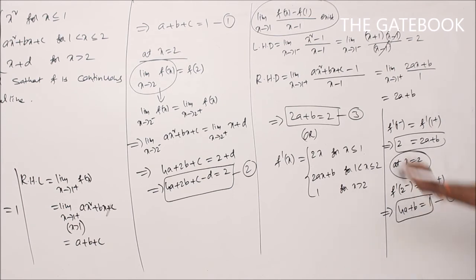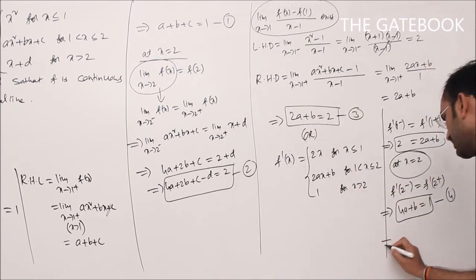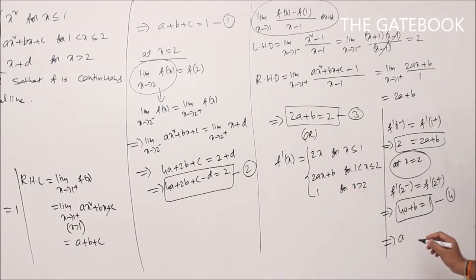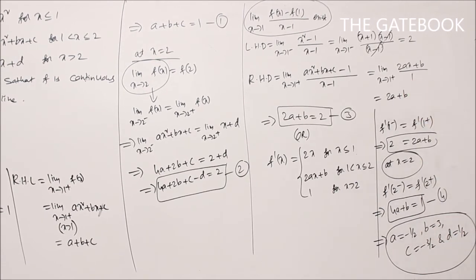Solving all these equations 1, 2, 3, 4, we finally get a is equal to minus 1 by 2, b is equal to 3, c value minus 3 by 2, and d is equal to 1 by 2. So these are the unknown values a, b, c, d, found by solving these 4 equations.